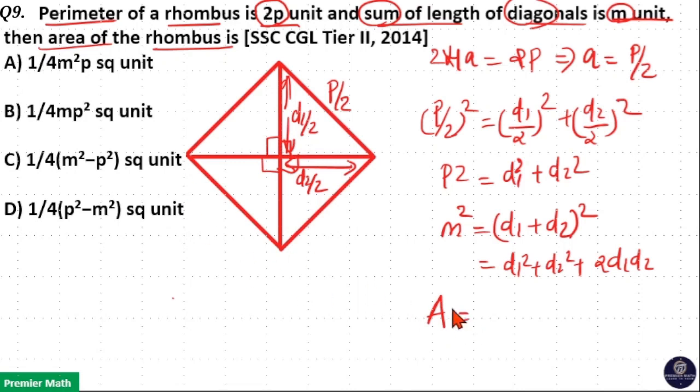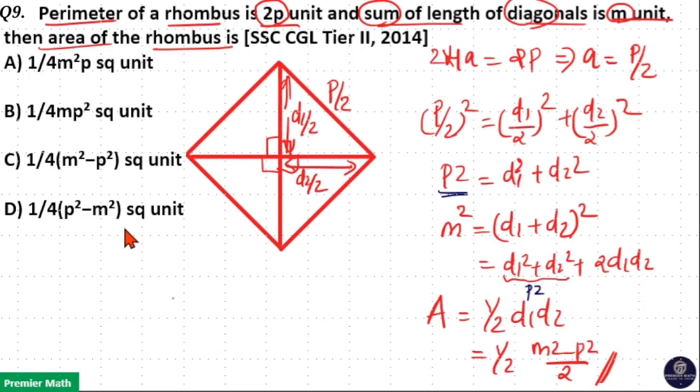Here area of rhombus is equal to half into d1d2. Here from this, m square is equal to, here d1 square plus d2 square is equal to p square, which means d1d2 is m square minus p square by 2. So this can be written as half into m square minus p square by 2, which means your answer is option C, that is 1 by 4 into m square minus p square.